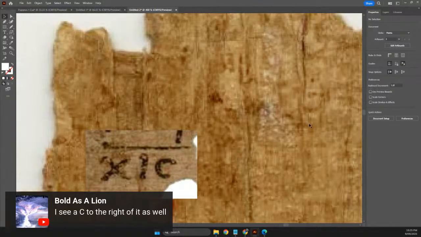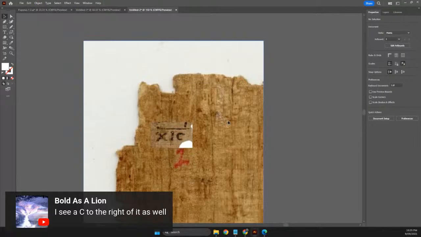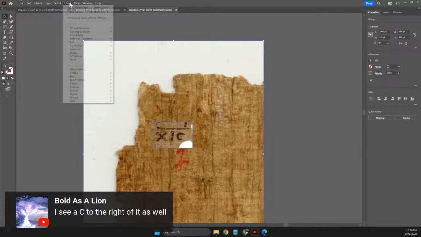It does. Yeah, I see what you're saying. And what I'll do, I'll group these together. Let's group them, Control G. And we'll put some more effects on it.